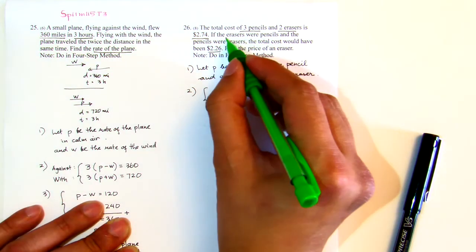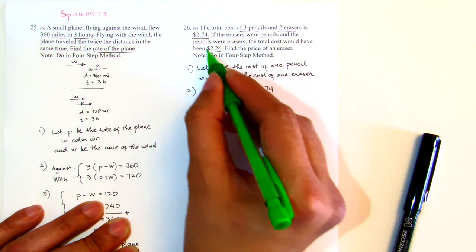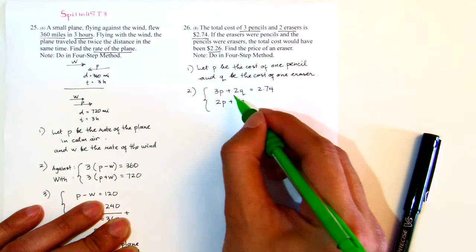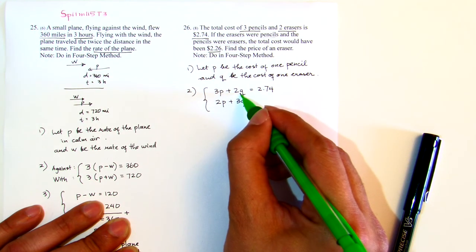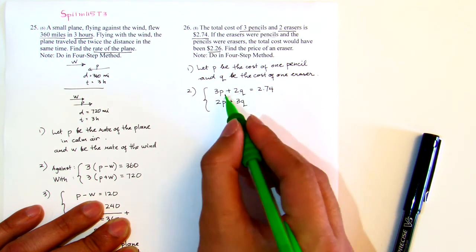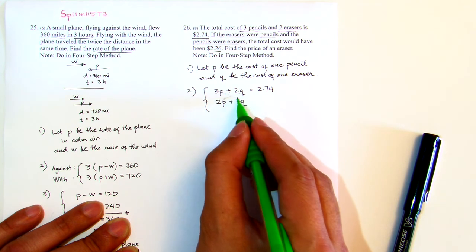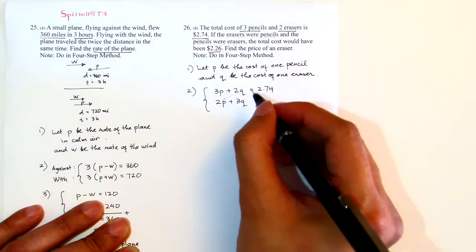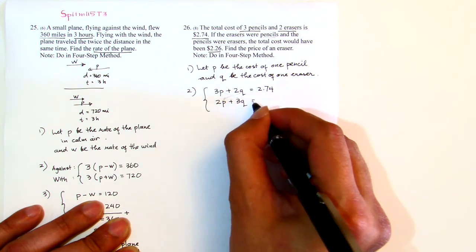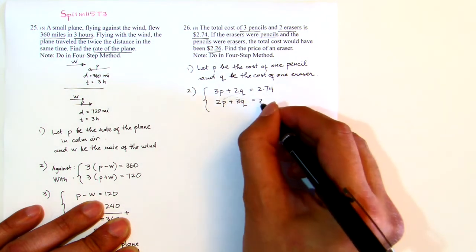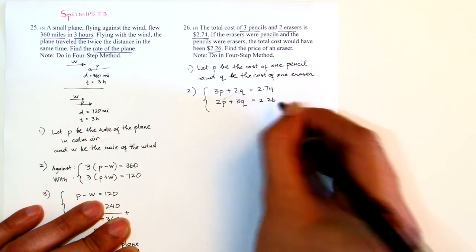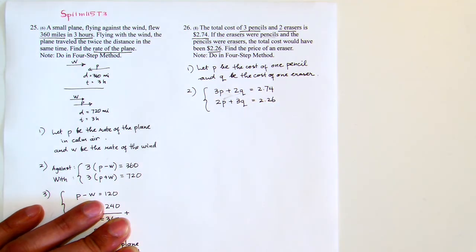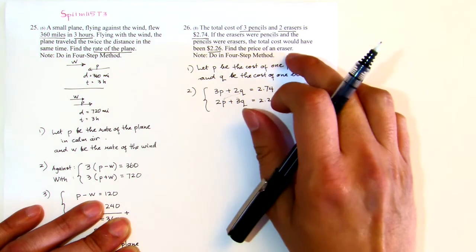Because of the conditional here. If you change them, the number of erasers becomes the number of pencils, the number of pencils becomes the number of erasers, right? Then the cost will be $2.60. Now, the question is, find the price of an eraser.